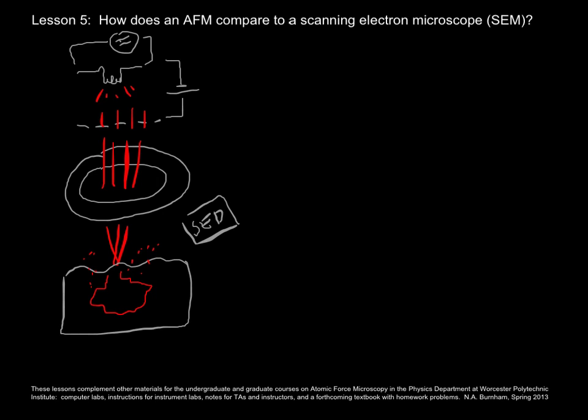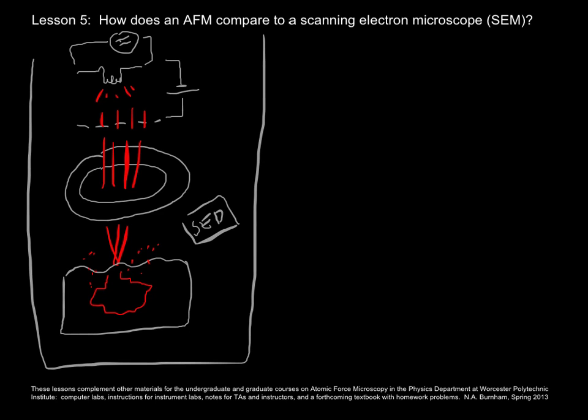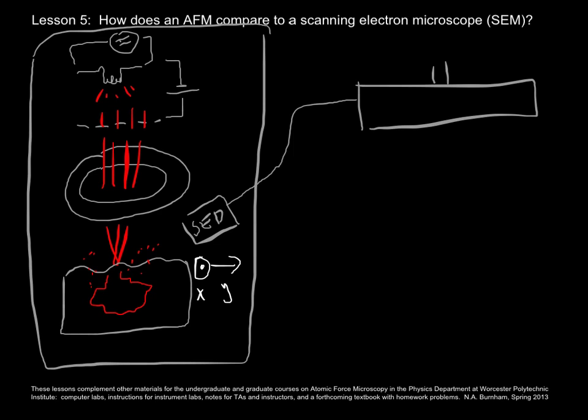All of this is in a vacuum, and I'll represent that by this square rectangle like that. And in order to form an image, what you do, similar to AFM now, is you raster that electron beam in the X and Y directions, and the secondary electron detector sends its signal to a computer, and you get an image of the sample like that.